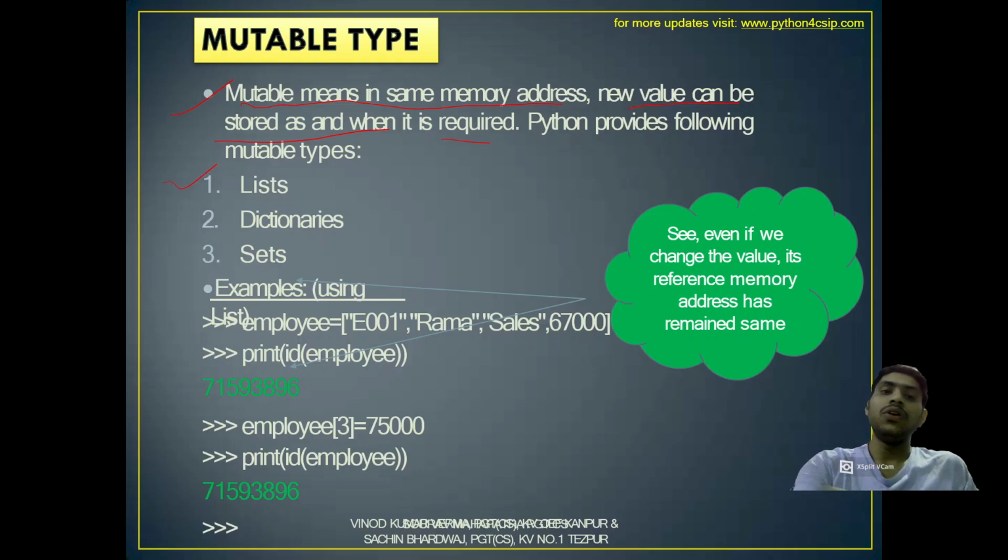So list, dictionary, sets. These three are called mutable types.